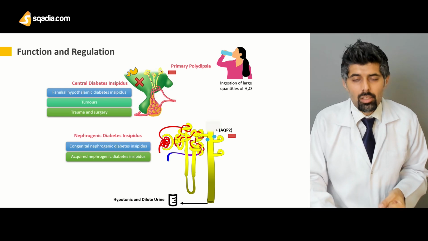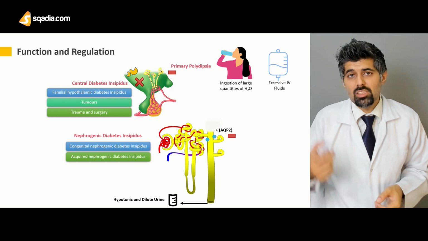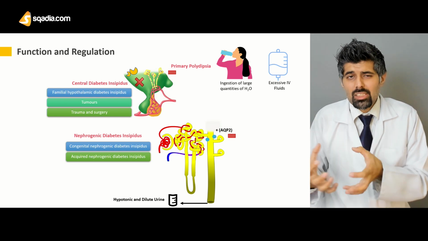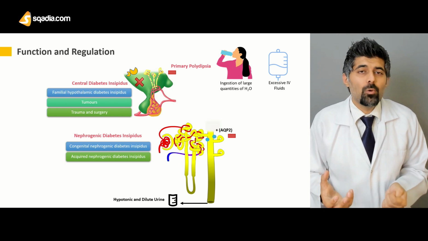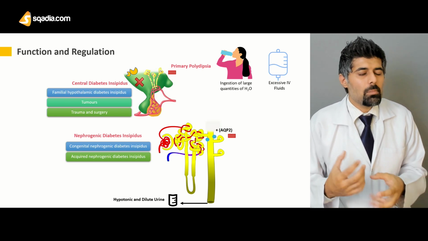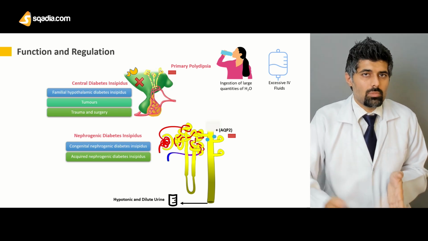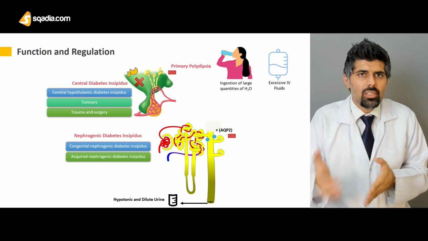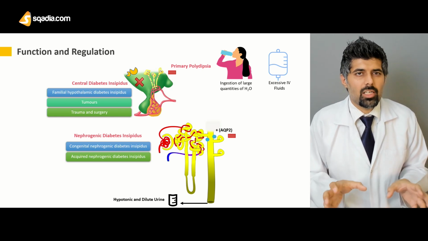Another way that they can counter this is via excessive IV fluids. Now, this is usually not recommended because IV fluids, even though they can be given easily in repeated doses, can have certain dire effects.